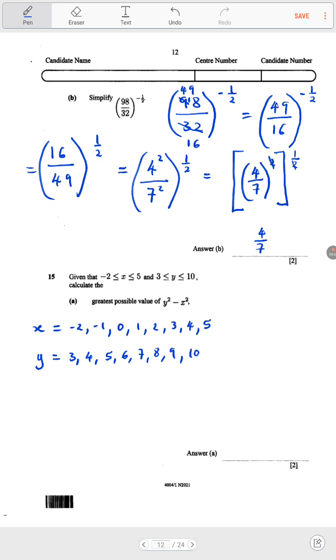So here, if x takes the value 0, and y takes the value 10, y squared minus x squared is going to be 10 squared minus 0 squared, which gives us 100 minus 0, and our answer is going to be 100.